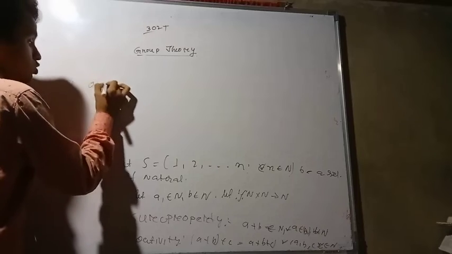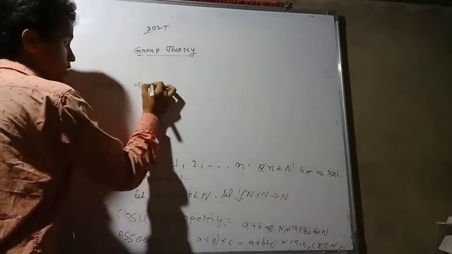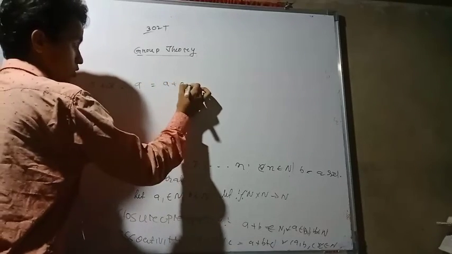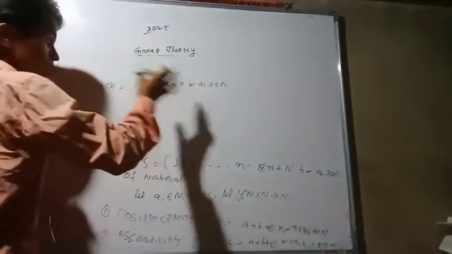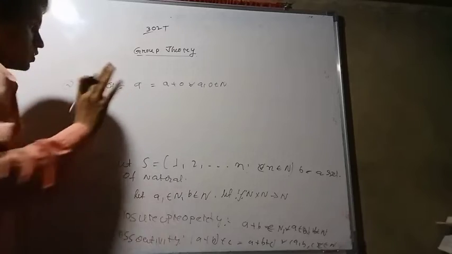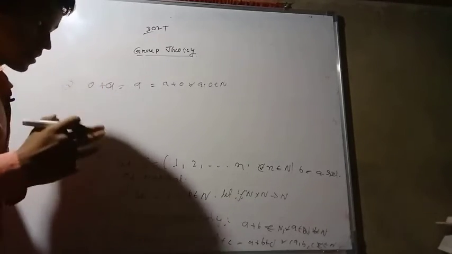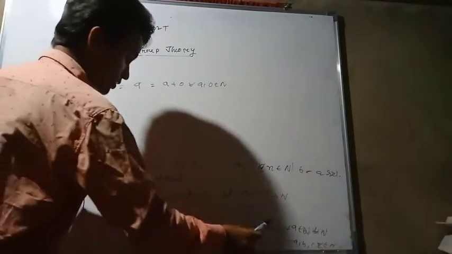If we add the element 0, then 0 plus A equals A plus 0 for all A, and 0 belongs to N. Earlier we learned that 0 can be a vector or matrix; here we have not considered 0 as a single element.